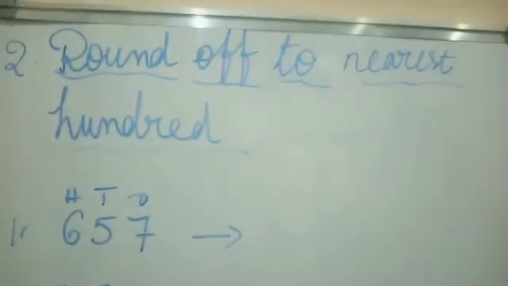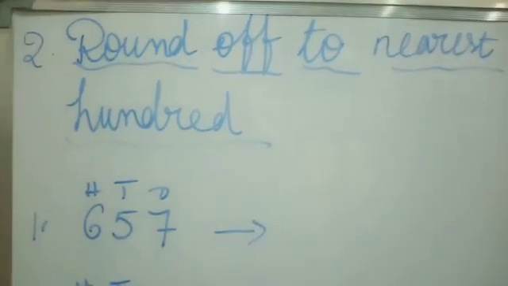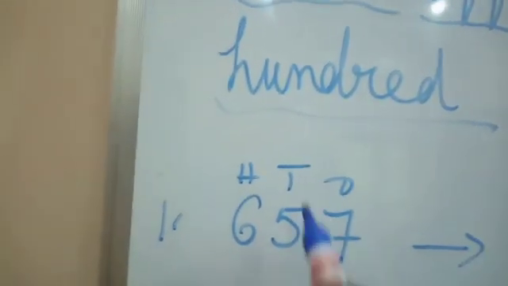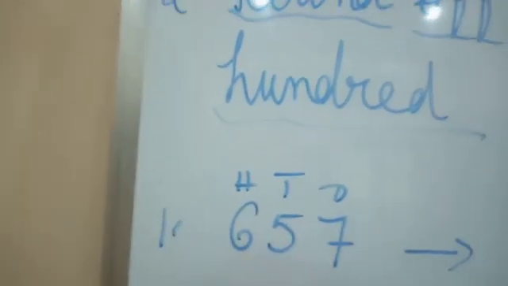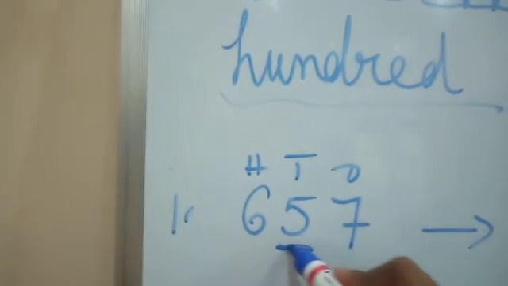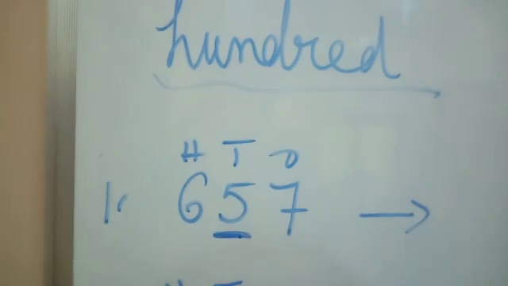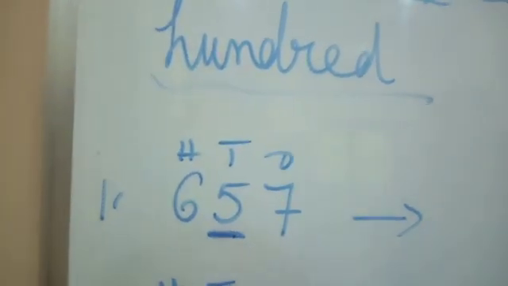See the first question. Round off to nearest 100. So what is the first question you have here? 657. Ones place 7 is there and tens place 5 and hundreds place 6. So in tens place what is the number you have? 5. So which 100 will be near to this one? Greater 100 or lesser 100?